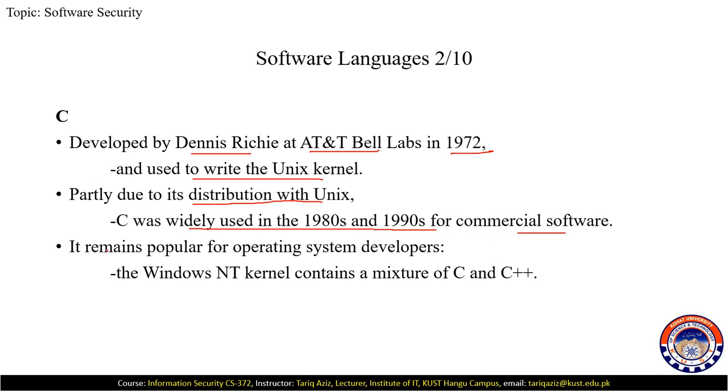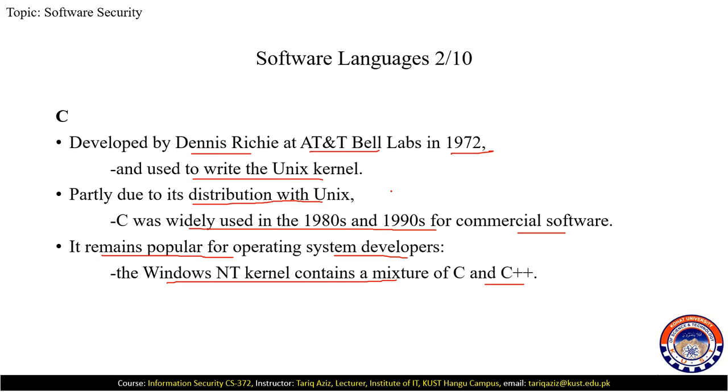It also remains popular for operating system developers. The Windows NT kernel contains a mixture of C and C++. This is a little bit of history of C and the purpose for which C was used historically.